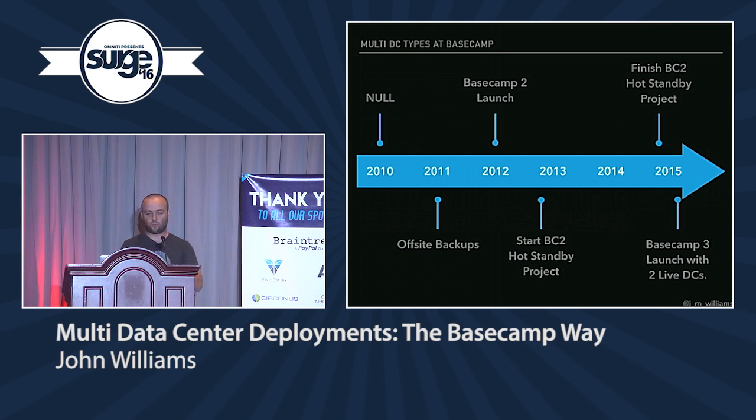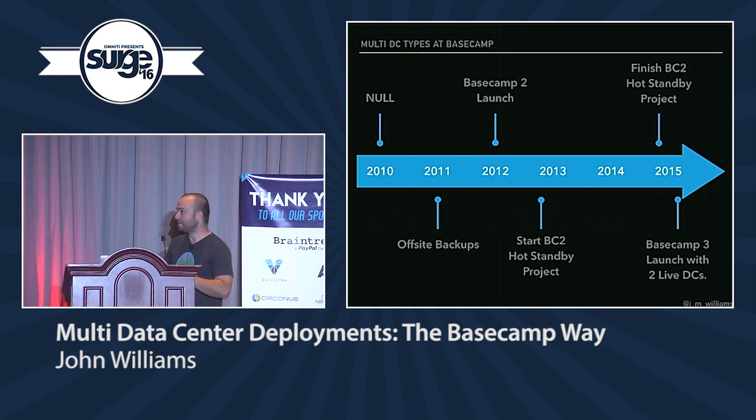Then in 2012, we launched Basecamp 2, and that was a big step up for us, both from an application standpoint, and it also gave us the motivation to start a hot standby data center project.